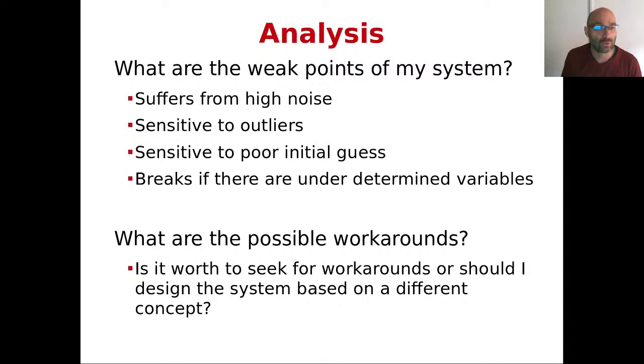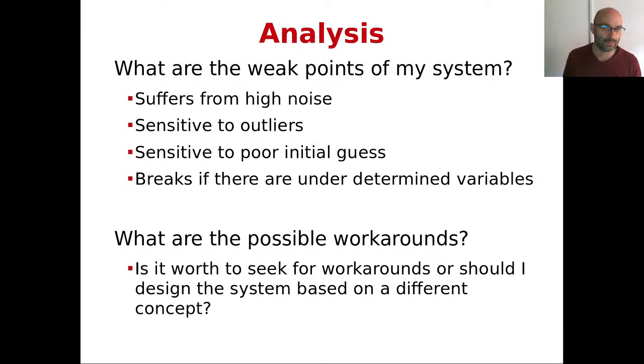Is it sensitive to outliers? Like if there is some wrong data association or some sensor aliasing, does it break? Or is it immune to that, or immune to a certain level of outliers? Is it sensitive to the poor initial guess? So when I start my localization system, do I really have to anchor the robot to the base station and say, now go, or can I just turn it on wherever I want?